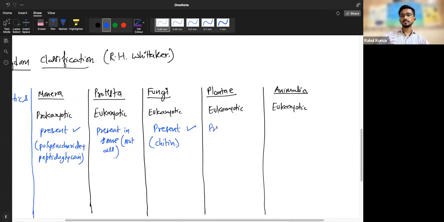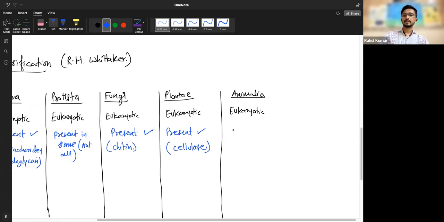Then in Plantae also it is present, and it is made up of cellulose. That is how plants are very, very sturdy. And in Animalia, it is absent. We do not have a cell wall. Understood?